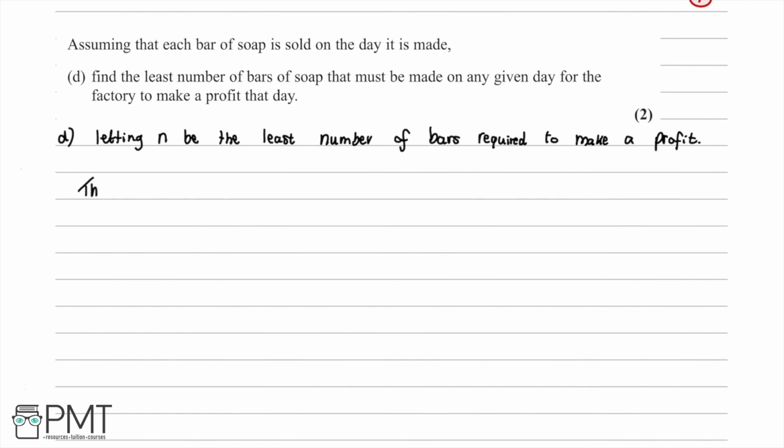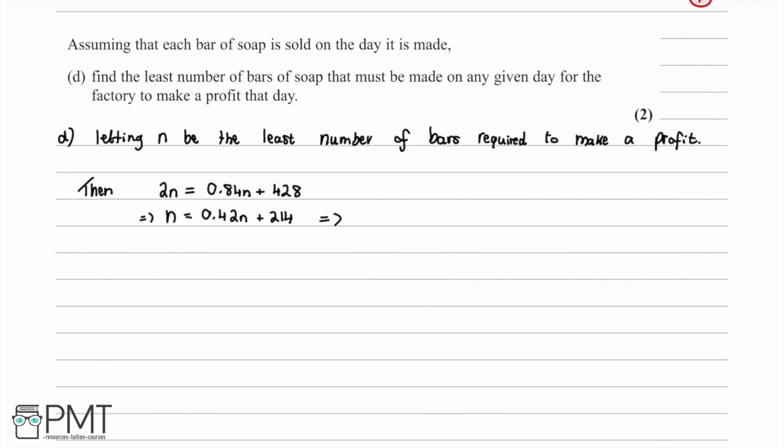Then what we can say is that 2N is going to be equal to 0.84N plus 428. And then dividing both sides by 2, we'll have that N is going to be equal to 0.42N plus 214.